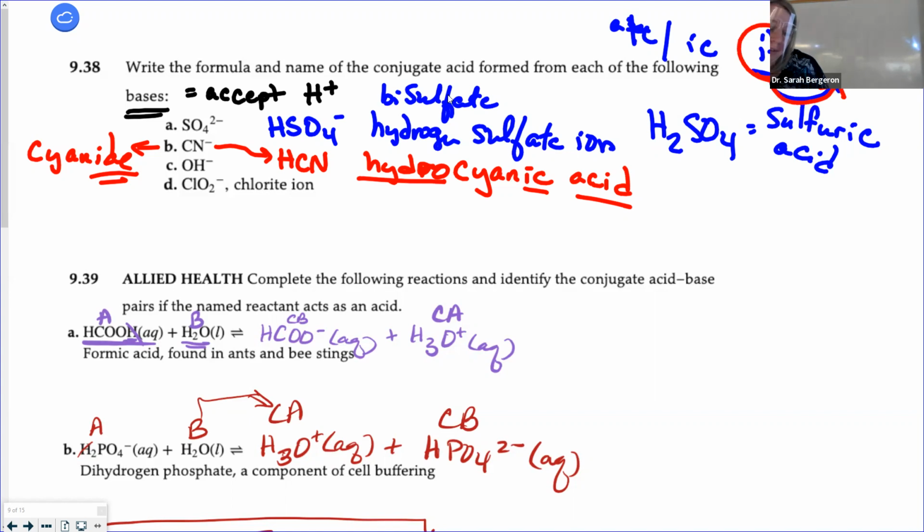So what do we name this? Chlorous acid. And what's my formula? HClO2, uncharged. Okay, so acids can be neutral and acids can be charged. It kind of depends on what's going on.